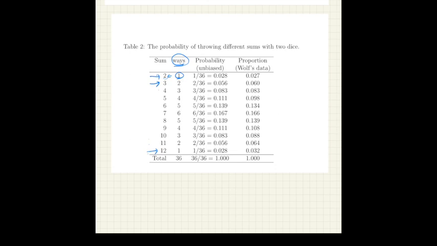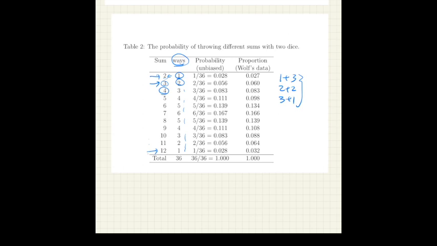To get the sum of 3, there are two ways: the red and white dice give 1 and 2, or 2 and 1. What about 4? 4 means 1 plus 3, 2 plus 2, or 3 plus 1, so there are three ways.